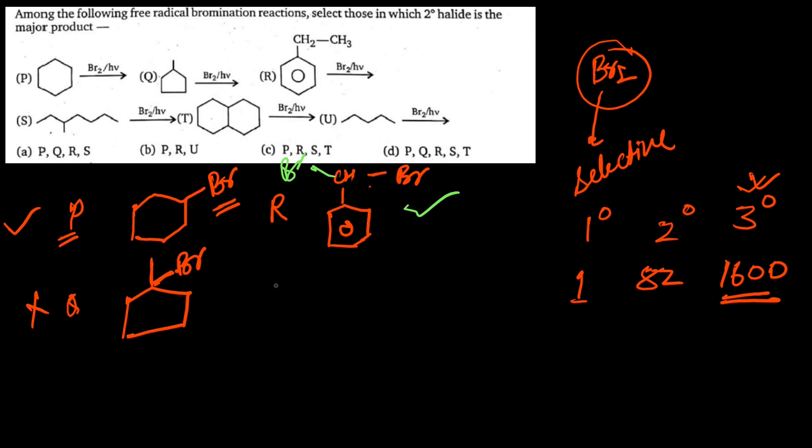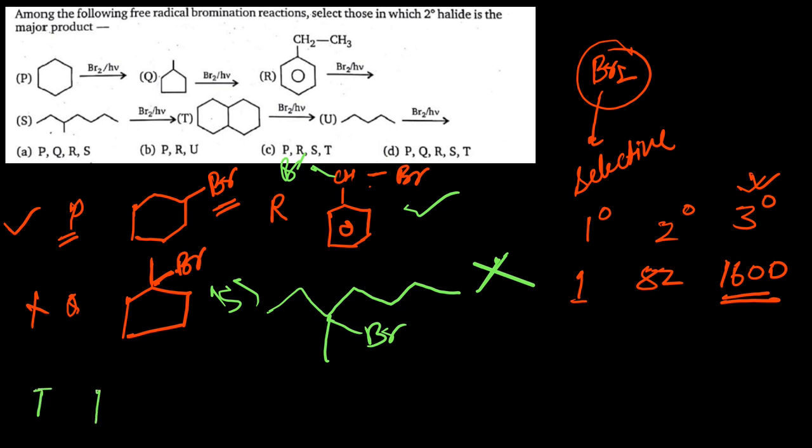Now again in the case of S, students, again we have a 3 degree carbon, so bromine will come and attack over here. So for S, secondary is not the major product. Now if we go for T, again here we have a 3 degree carbon atom, and bromine will prefer to attack on 3 degree to form the major product.